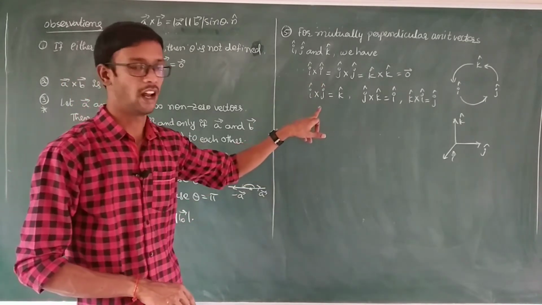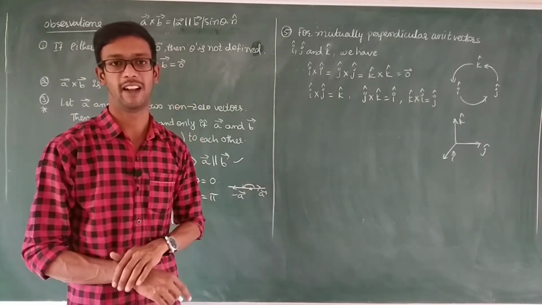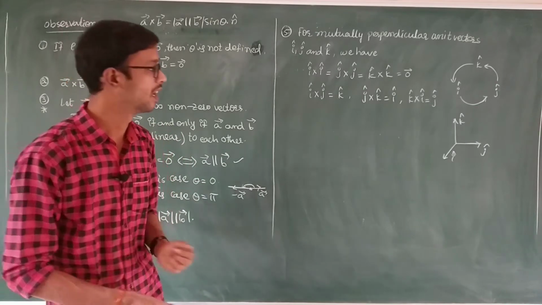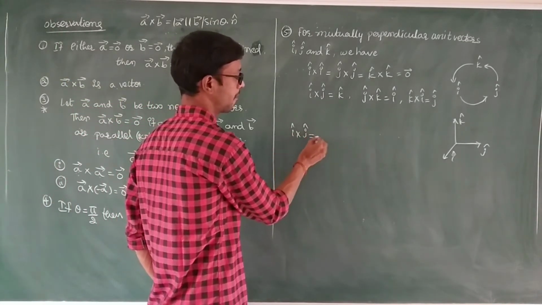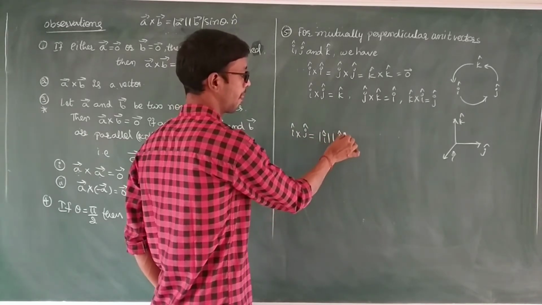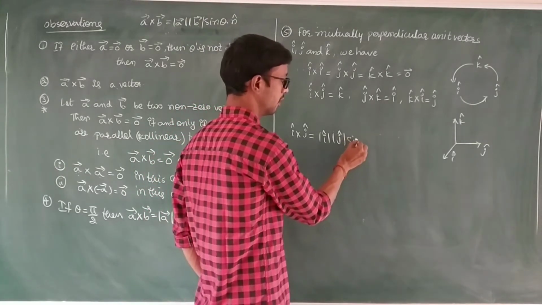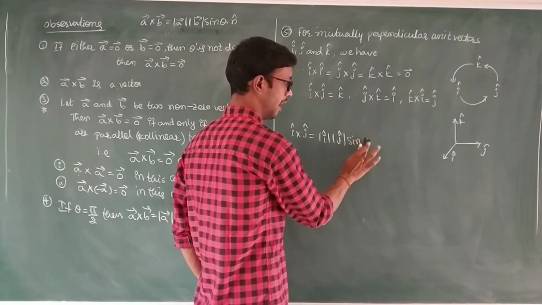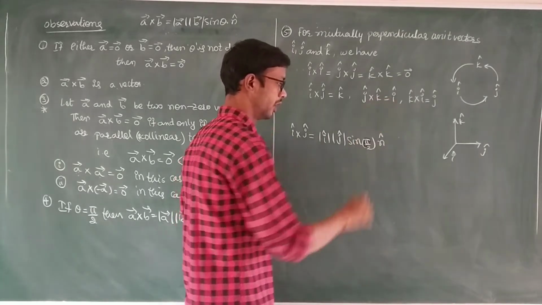Next, I cross J is equal to K cap. Let me simplify this one. Sin 90, and the unit vector.